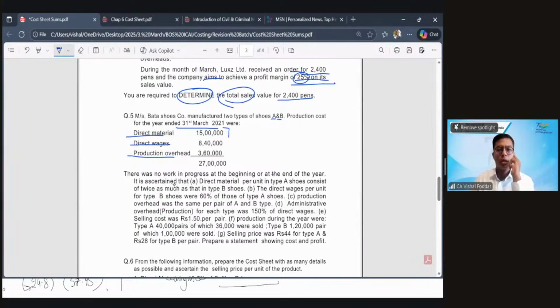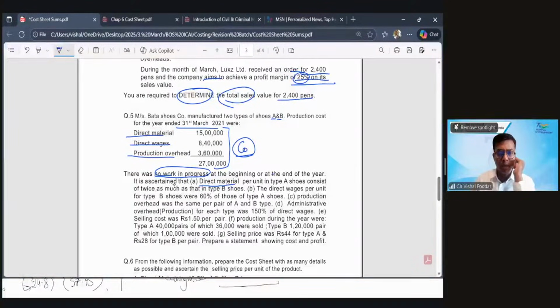Now, this is for the company as a whole, not for a particular shoe. There is no WIP. That is good. Now comes the word adjustment where we will be requiring some mathematics.